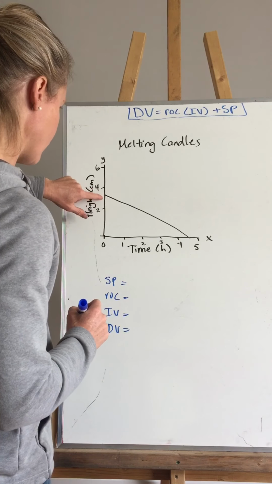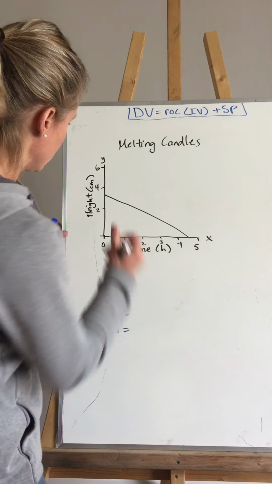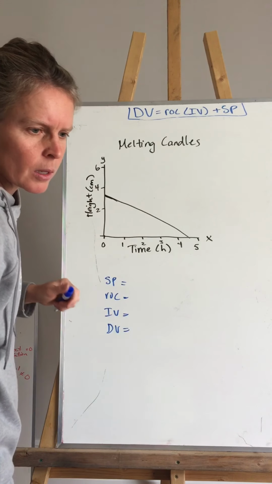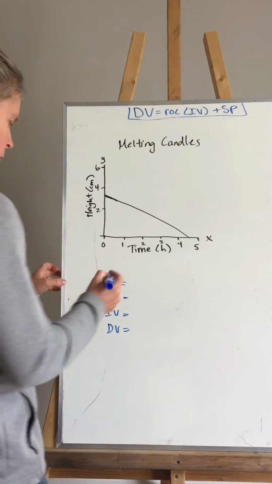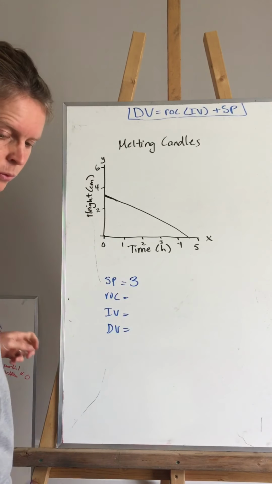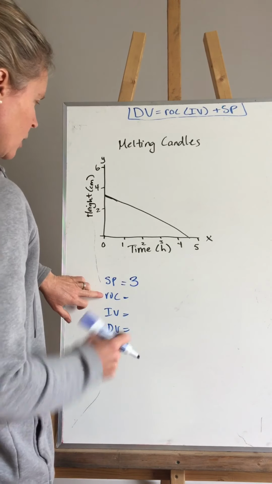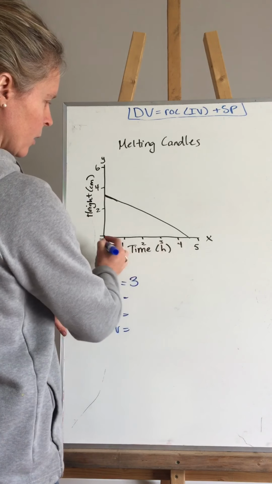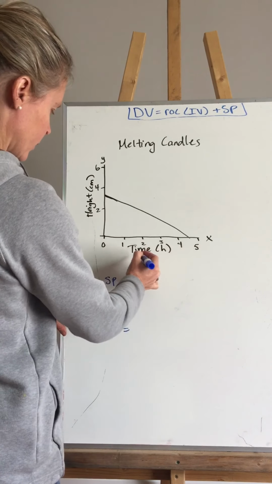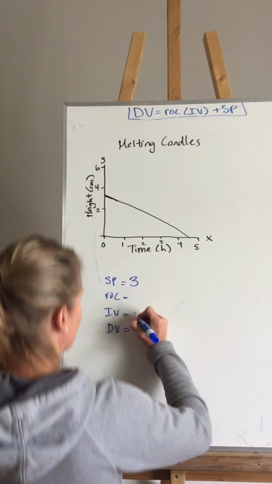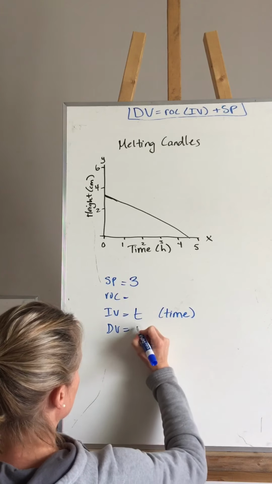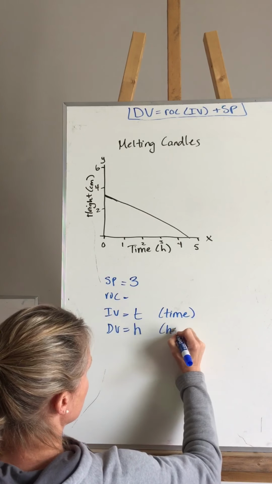So for yours, the starting point is 3. My rate of change we'll have to calculate. My independent variable is time, so I'm going to put t. My dependent variable is height, so I'm going to use h.